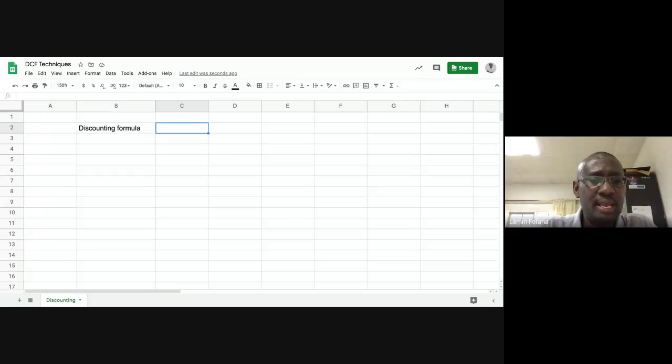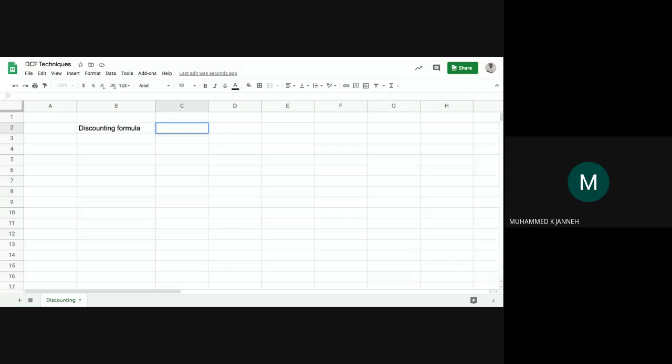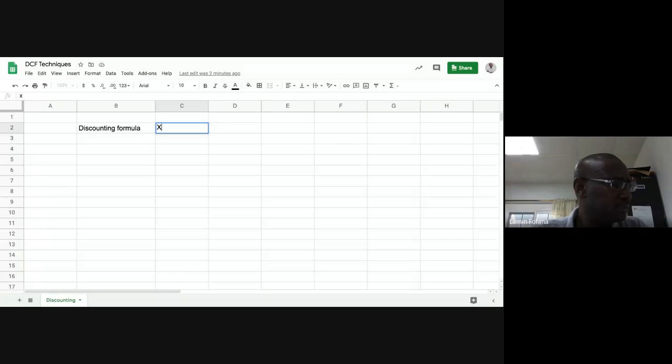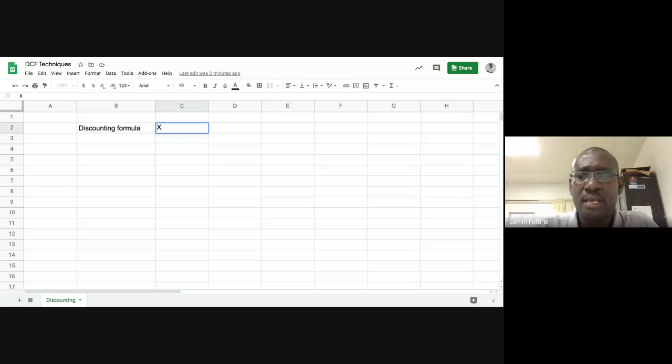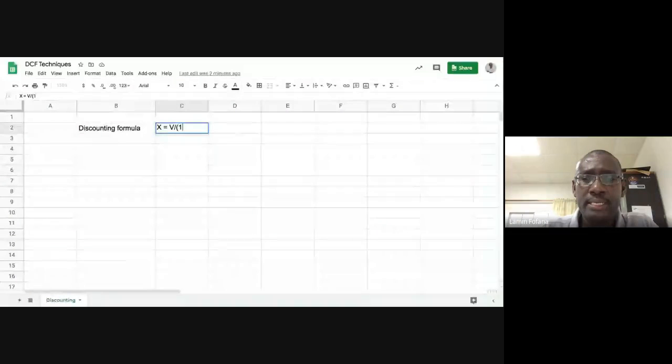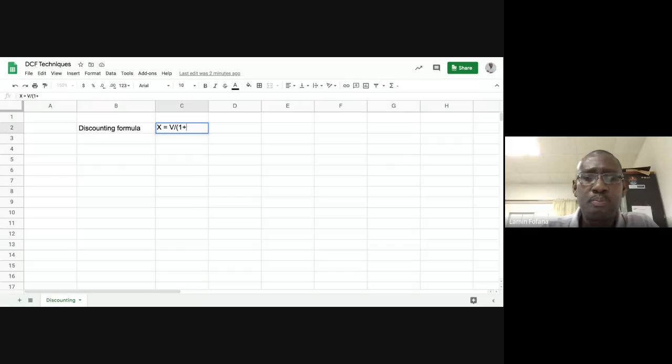Okay. So we say X is equal to B divided by (1 plus R), where R is the rate.